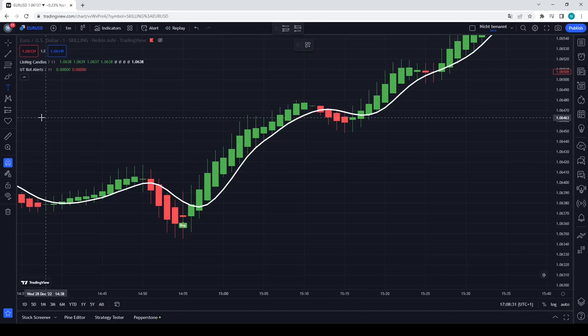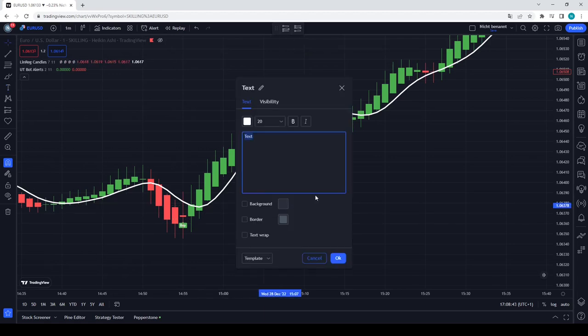Let's take a closer look at the rules of this strategy. For a long trade, we obviously want to get a buy signal. So for a long trade, the first thing we need is a buy signal.